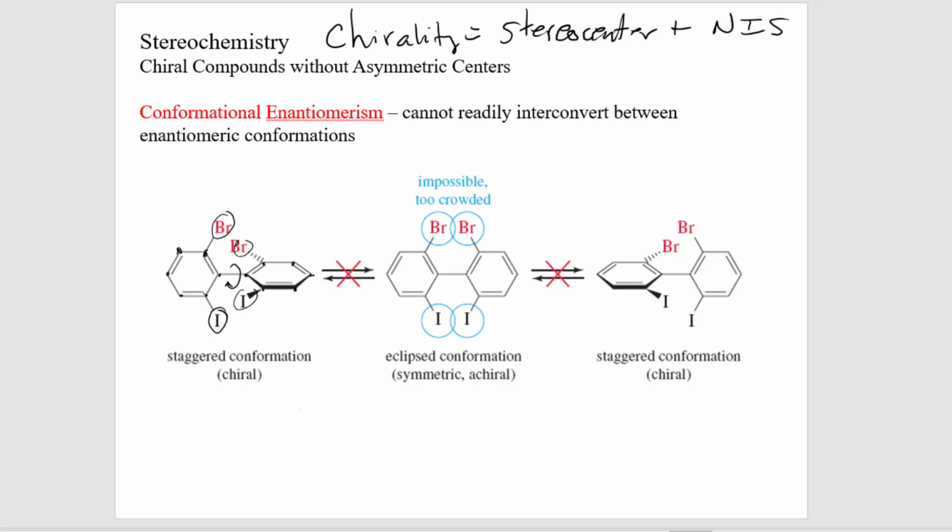So it's almost like a tetrahedral, right? If you have a tetrahedral, you have two bonds in the plane, and then you have something coming out at you and something going back. And that's all around a central carbon. That's what gives chirality, right?